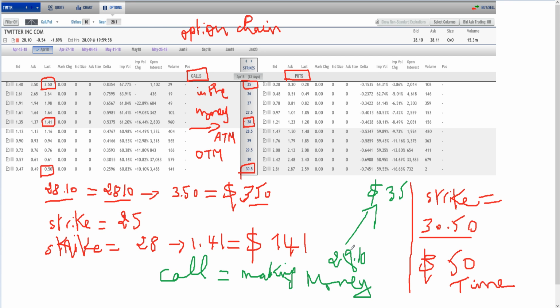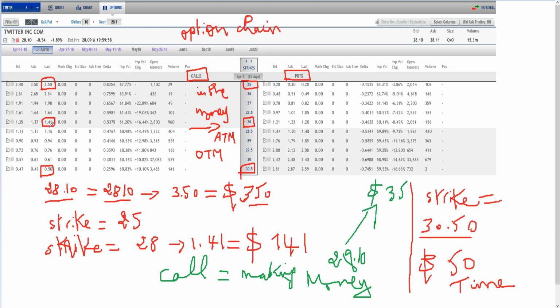So for you as a trader, you are interested to buy options. Now, if you think that, for example, Twitter will go to 30 or 32 or 34, you can buy the strike 28.50, 29, 29.50 or 30. It means you can buy whatever you want. If the price of Twitter goes to these prices, all these prices that you see here will become bigger and bigger, and they are making money.